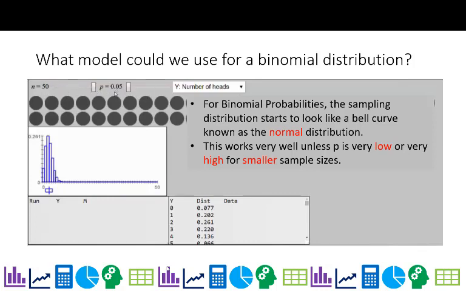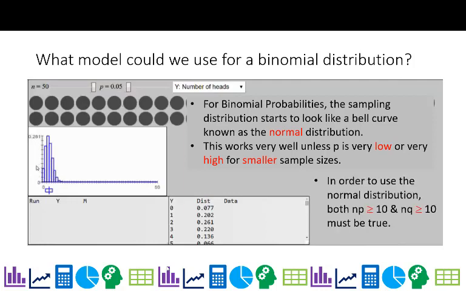What's going on here is that the normal distribution assumes that you can go on forever to the left. And you can see here with the binomial distribution, the least number of heads you can have is 0. Or in our case, the least number of successes we can have is 0.